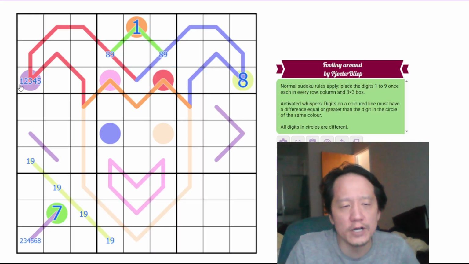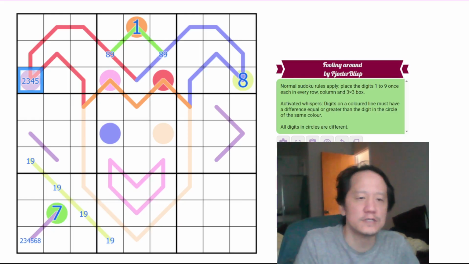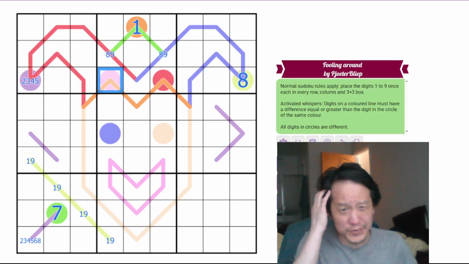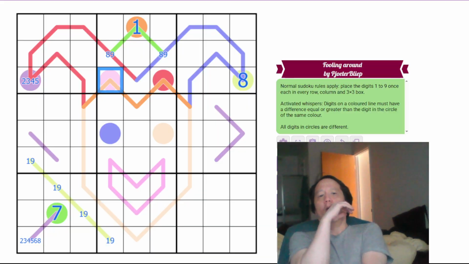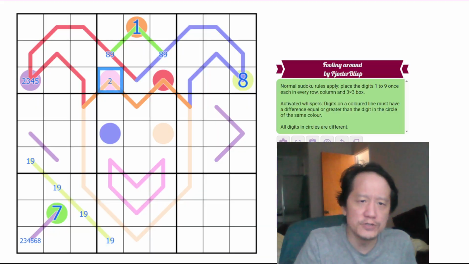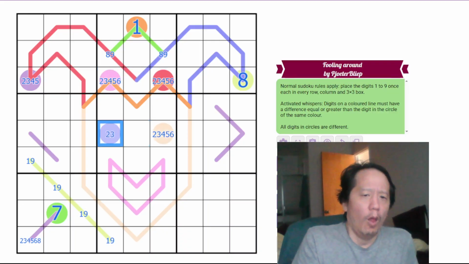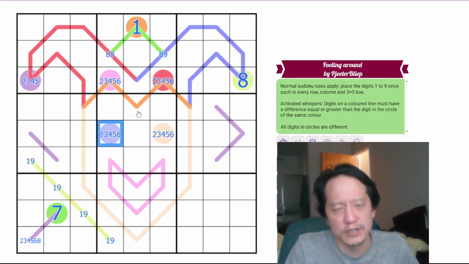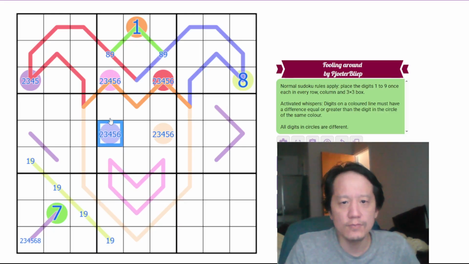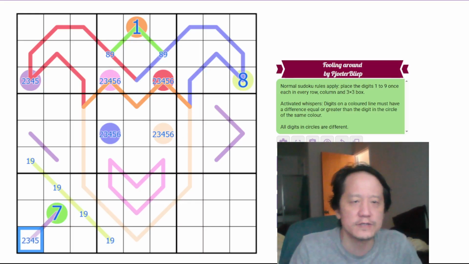That means 1 cannot be in the differences in the rest of the circles. So this is 2 through 6, 2 through 6, 2 through 6. The lavender cannot be 6 or 8.